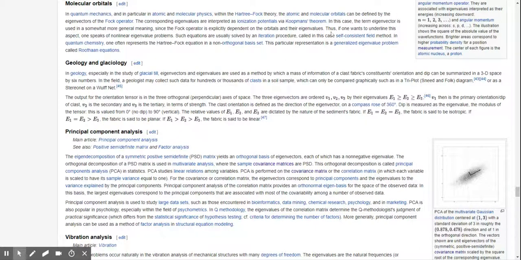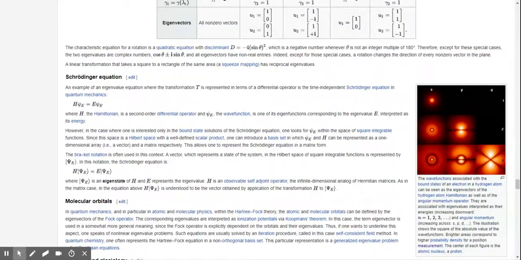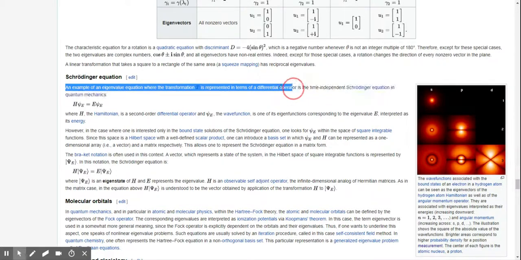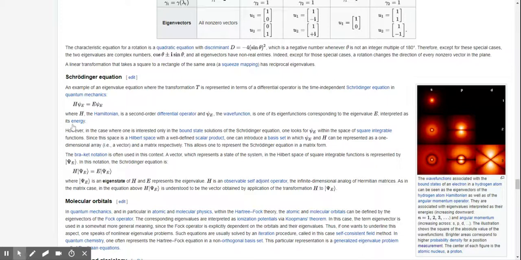Thus, if one wants to underline this aspect, one speaks of nonlinear eigenvalue problems such as Schrödinger's equation. An example of an eigenvalue equation where the transformation T is represented in terms of a differential operator is the time-independent Schrödinger equation in quantum mechanics, where H, the Hamiltonian, is a second-order differential operator.